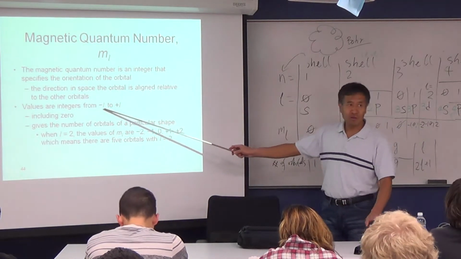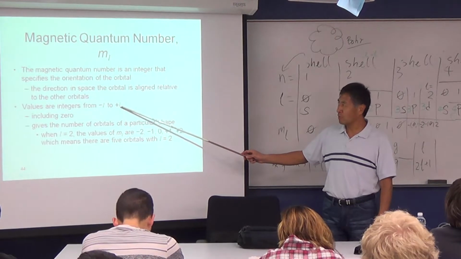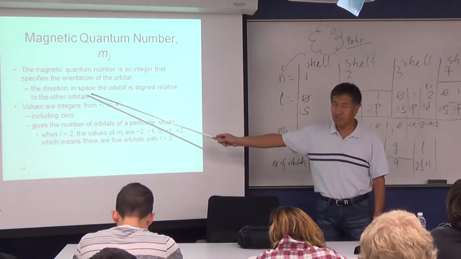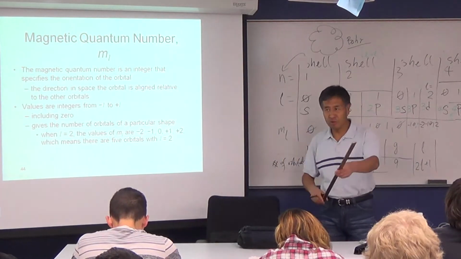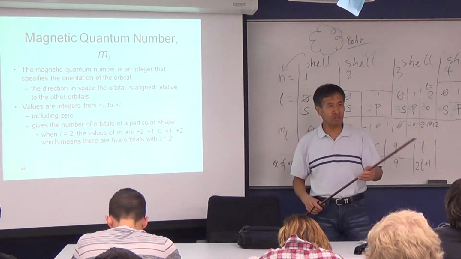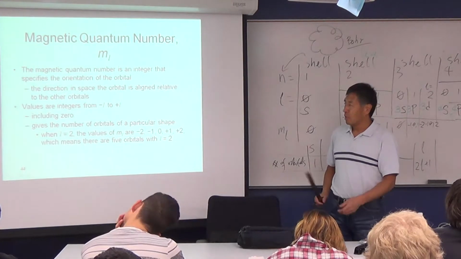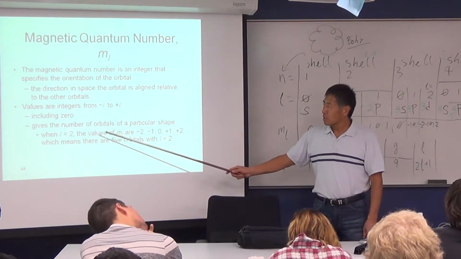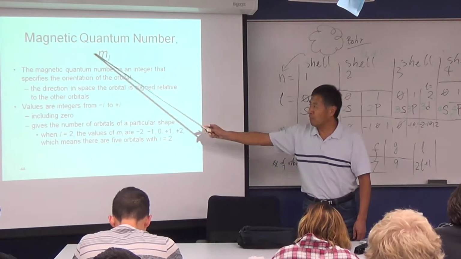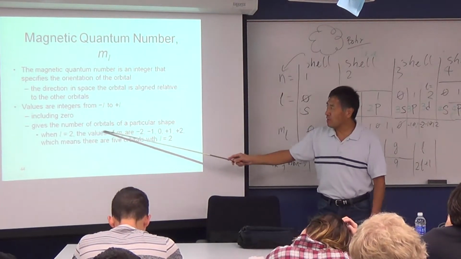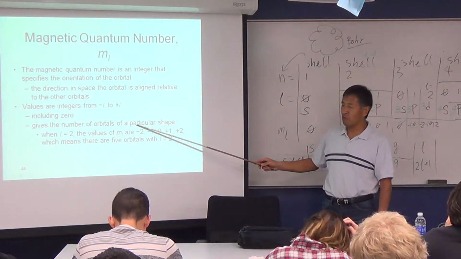You already know the number can only go from negative l to positive l. You also know this ml specifies orientations, this way, that way, and so on. So the number of ml values also gives you the number of orbitals of a particular shape.